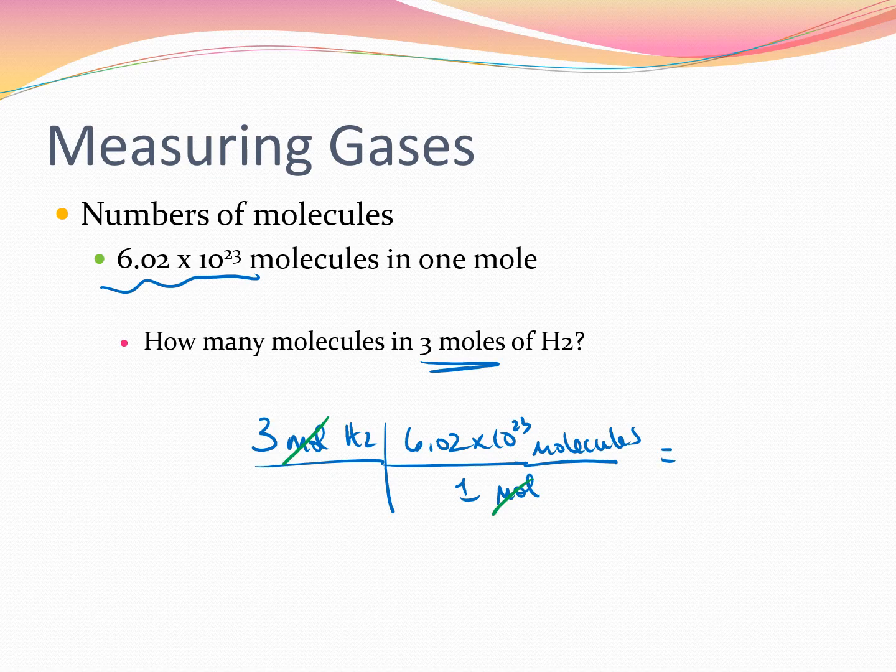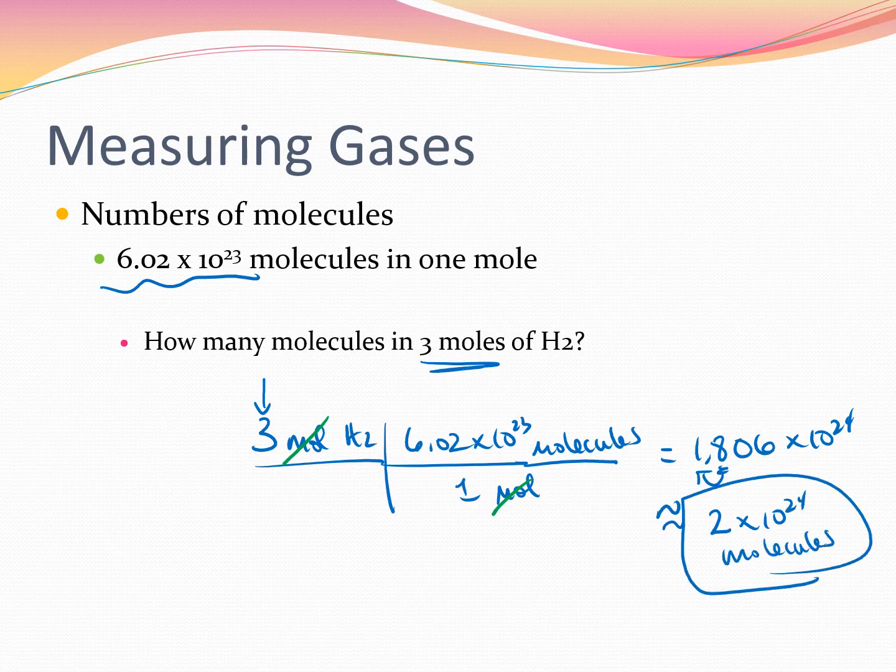With our calculators, 3 times 6.02 times 10 to the 23rd gives us a grand total of 1.806 times 10 to the 24th molecules. Sig fig check, we only get to keep 1 sig fig, so our final answer is going to be that 8 rounds that 1 up to a 2. 2 times 10 to the 24th molecules of hydrogen gas.